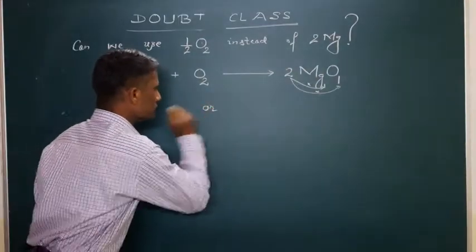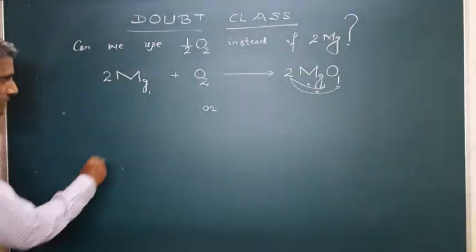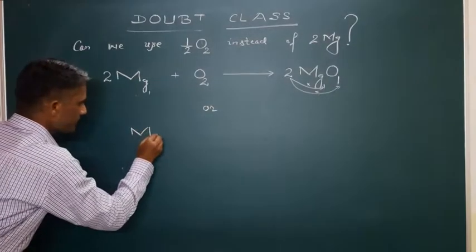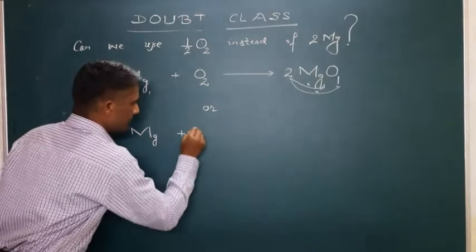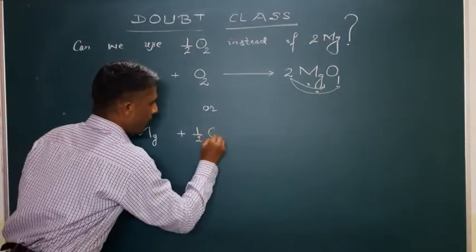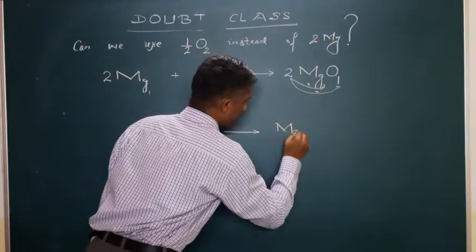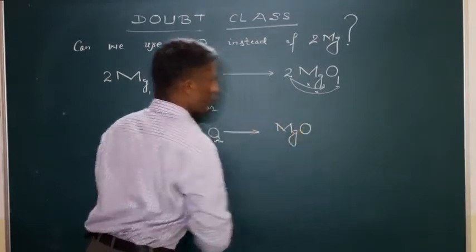Now this is his question, where he has asked Mg plus half O2 to give MgO.